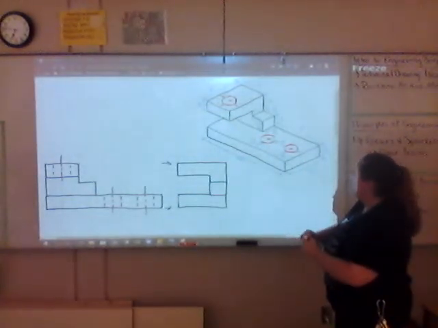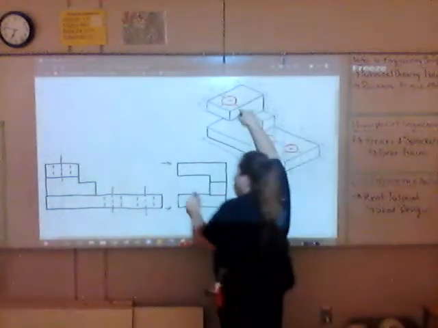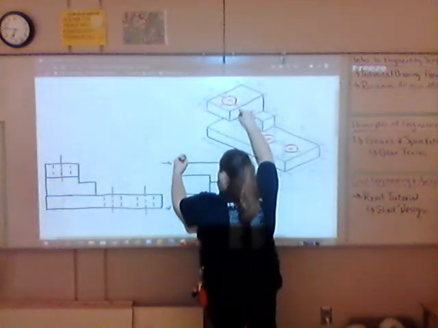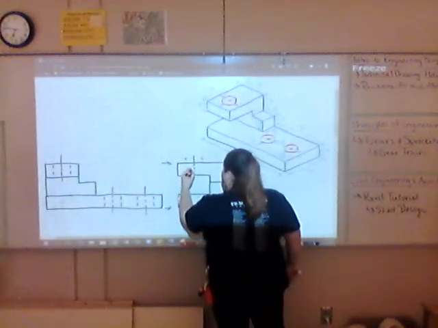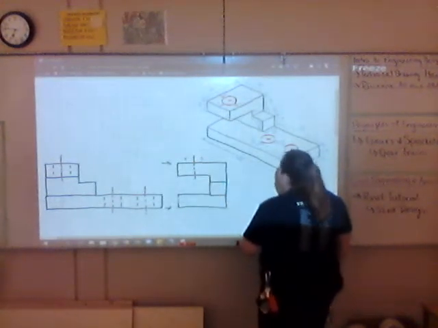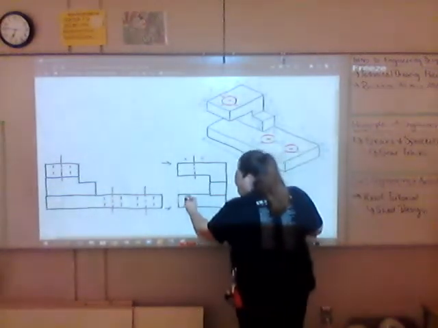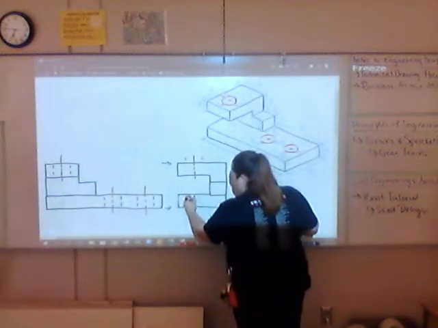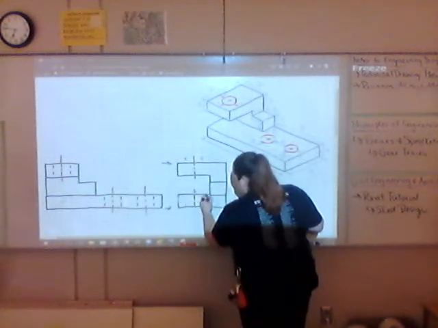Okay, all right, so for our circles, starting with the top one again, it's 1 away from the front edge, meaning that we're going to have our hidden lines here, and our center line is going to be right here. Okay, again, only breaking where it needs to. Okay, for these, they're 2 away from either edge of the part, front to back. So we're going to end up with hidden lines right here and here.